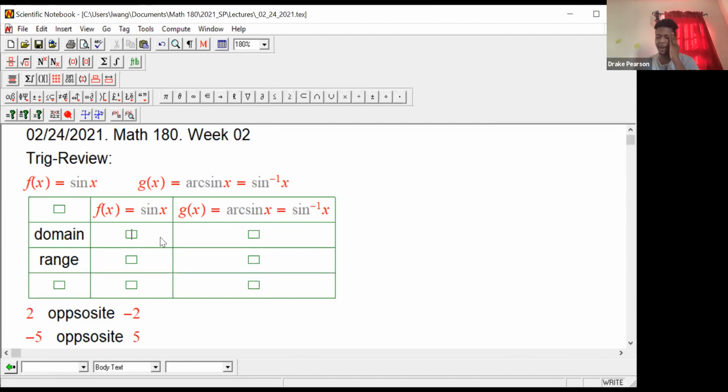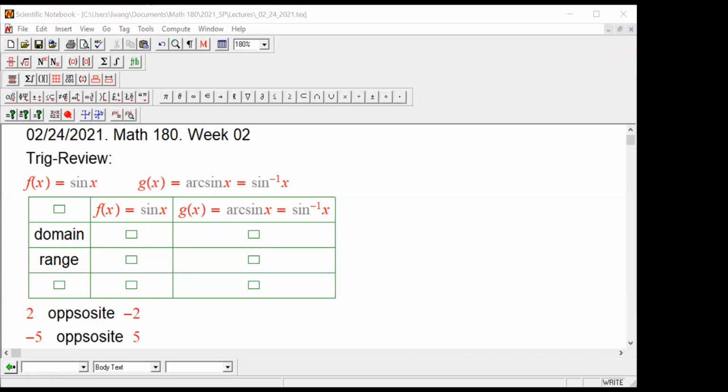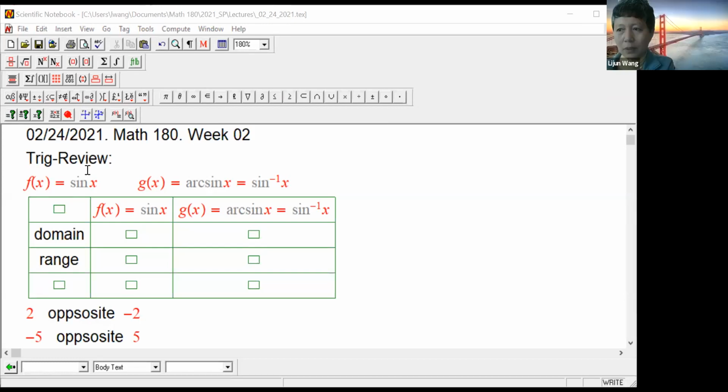I felt like it was x squared, but I don't think that's right. That's okay. I merely want to get you guys started. Cortland says 1, -1. So the domain for sine is all real numbers. We got one correct answer there.